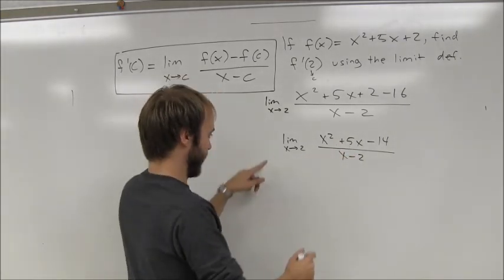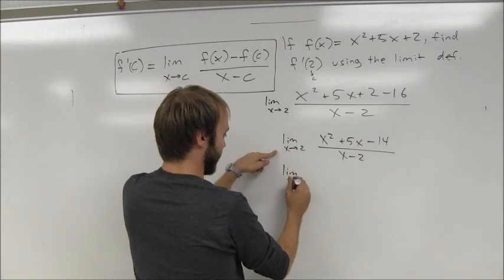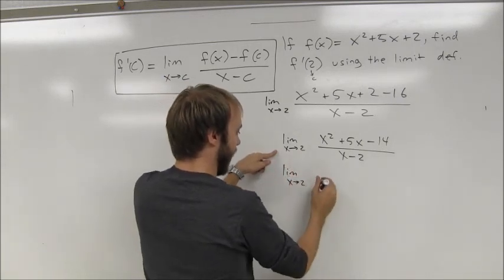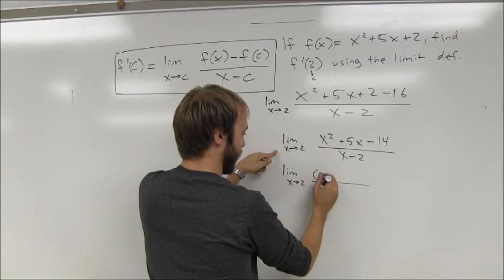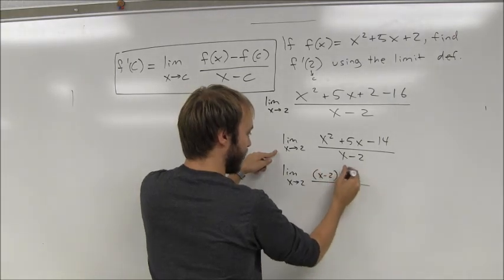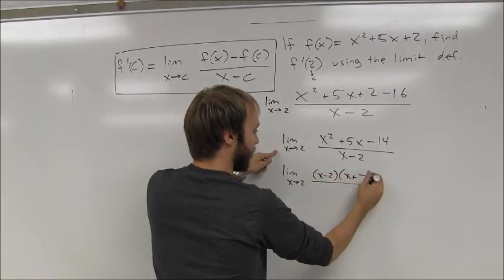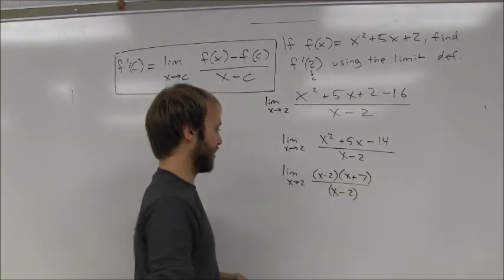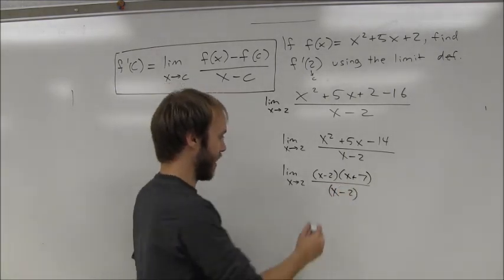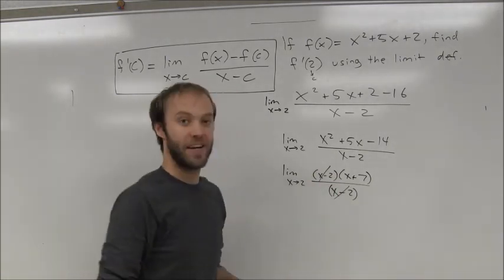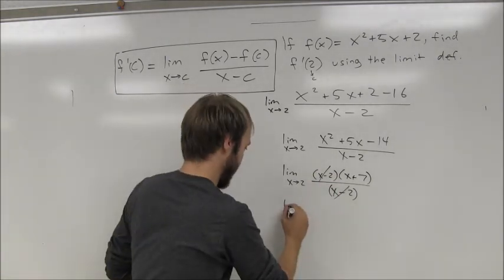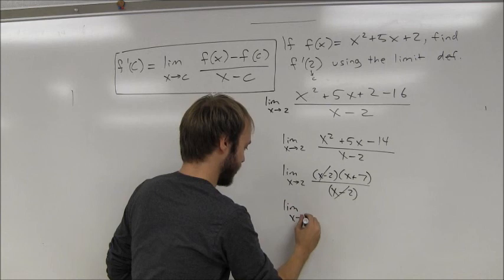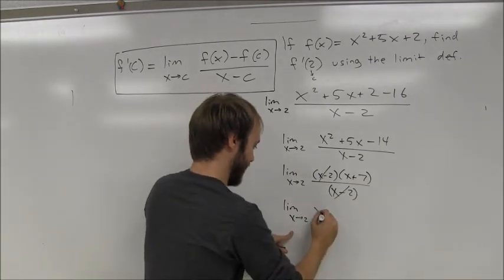Notice that this factors. So I can find the limit as x approaches 2 of the factored form of this. We're going to get a quantity x minus 2 times a quantity x plus 7, denominator, still an x minus 2. And you can see that I can divide that x minus 2 out of both. And we end up finding the limit as x approaches 2 of a very simplified statement here.